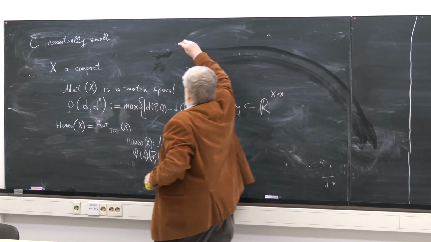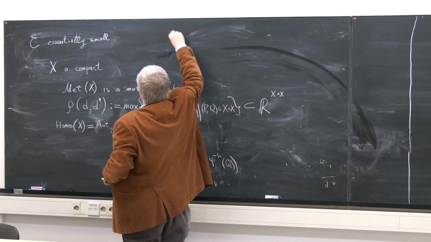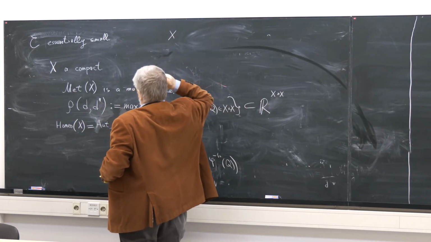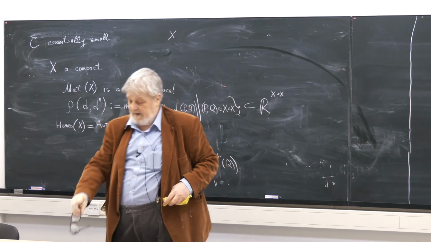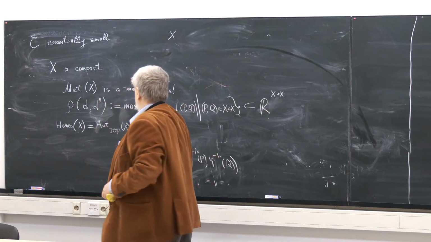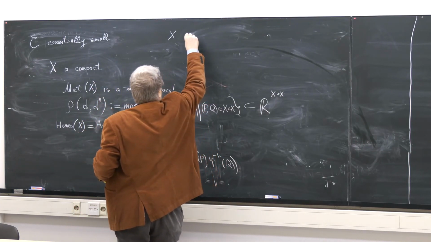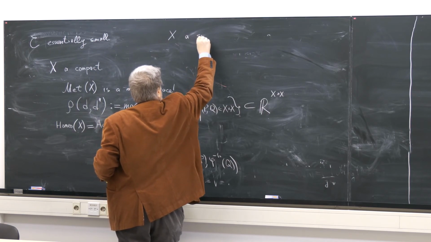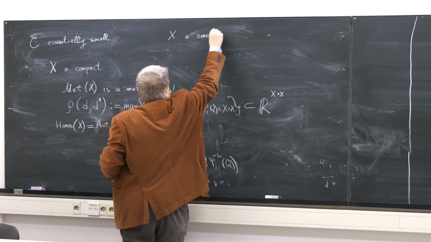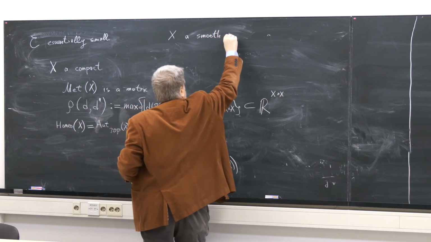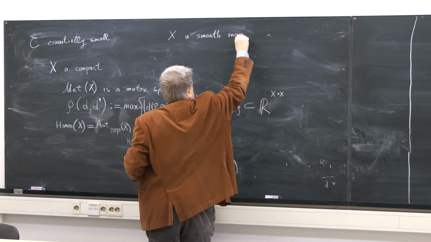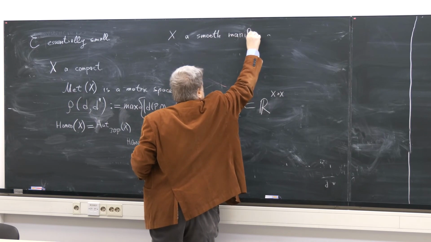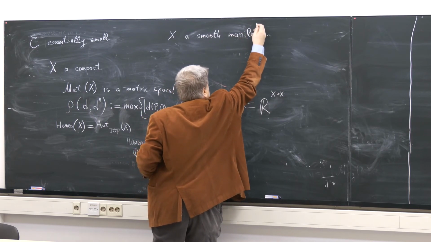Now let's first consider X as a smooth manifold, which means of course a real manifold.